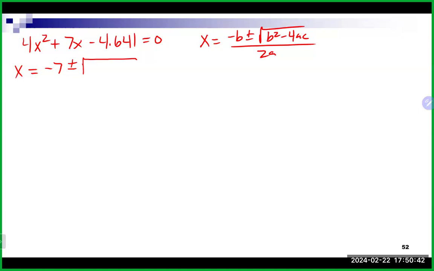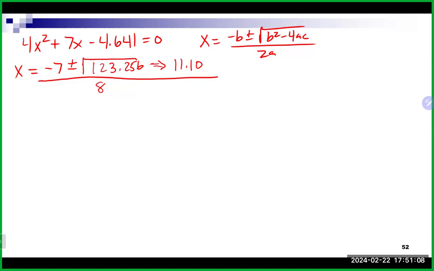Inside the square root, before you take the square root, you should end up with something like 123.256, which you will then take the square root of. After you take the square root of it, you end up with about 11.10, all divided by 2 times a, which is 8. I think. No, I'm just kidding.